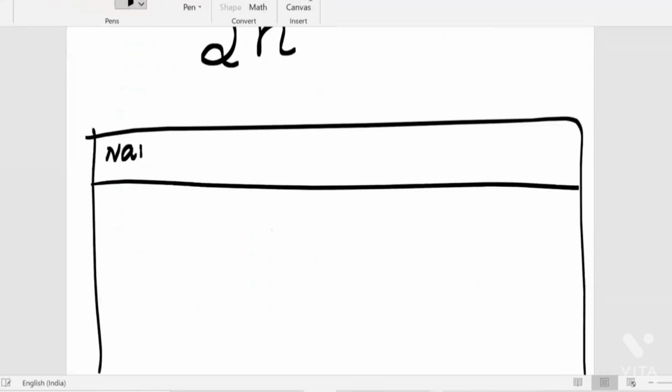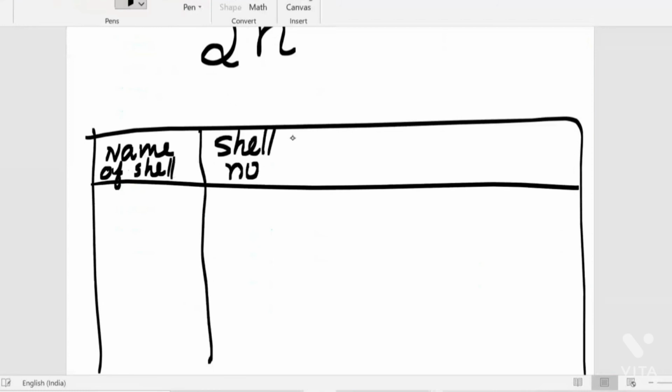Here, the first column is the name of the shell. Then the shell number: we count the number just after the nucleus, the first shell, second, third. After the nucleus, it is designated as the first shell.